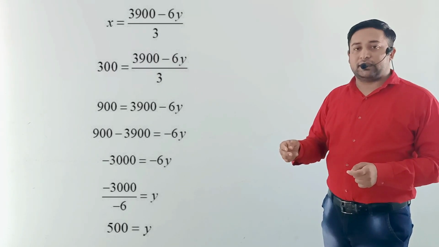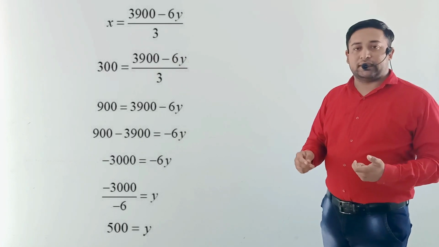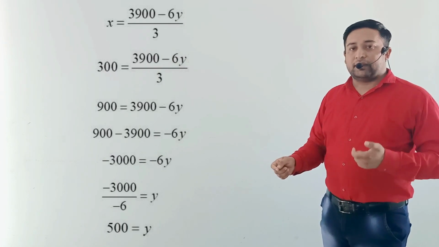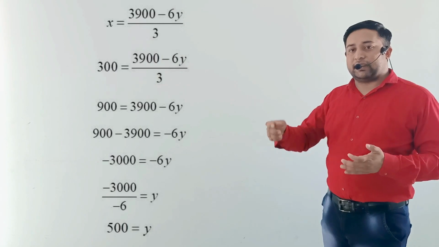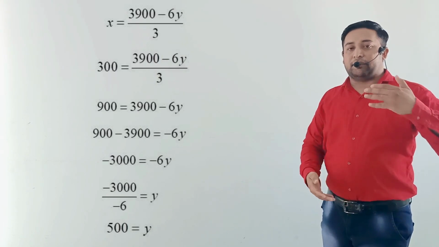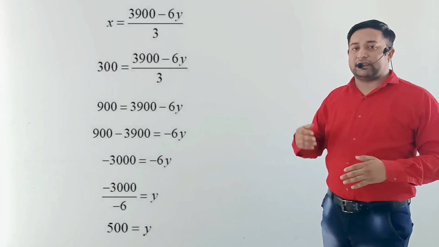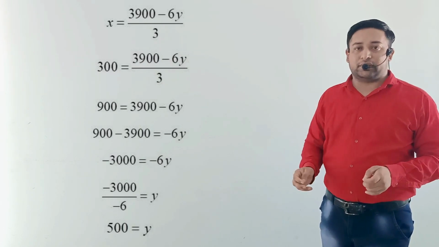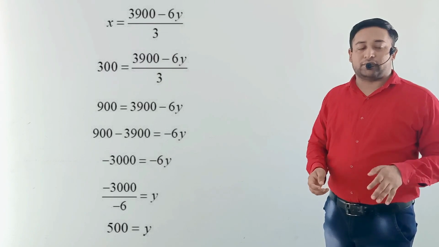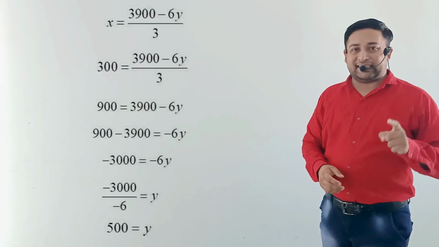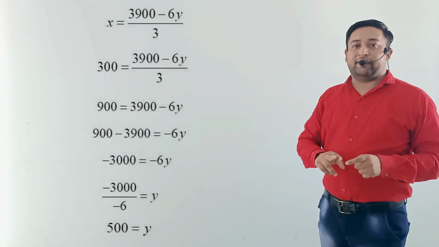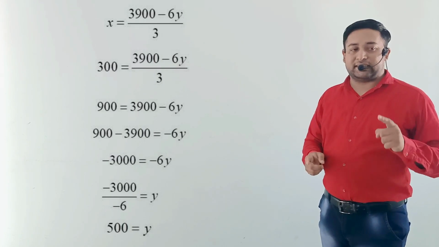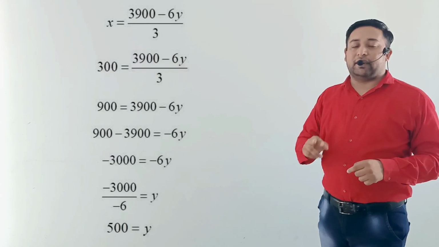Dividing minus 3000 by minus 6, the value of y is 500. So when x is 300, y will be 500.